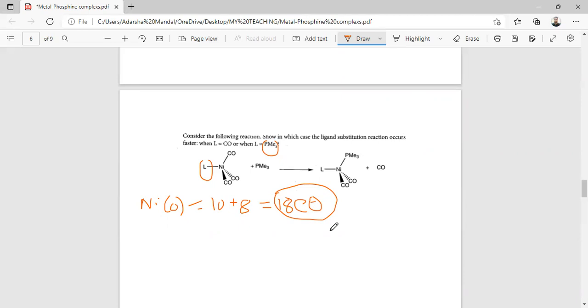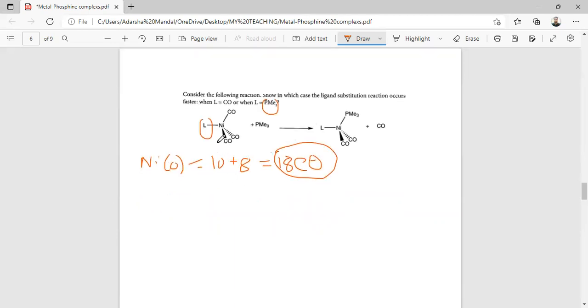So this ligand substitution will follow a dissociative pathway, but here the rate of dissociation of one CO molecule will depend upon the bond strength of the nickel-CO bond. The stronger the nickel-C bond, the slower the rate.